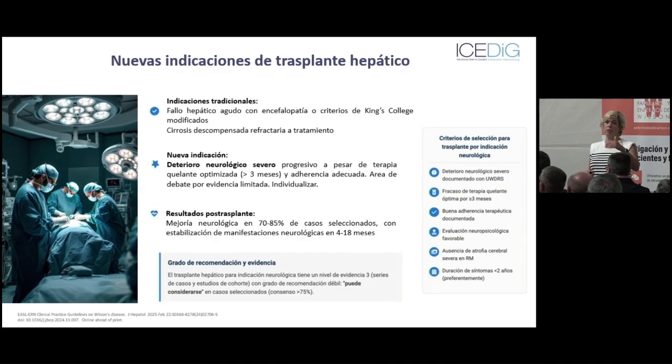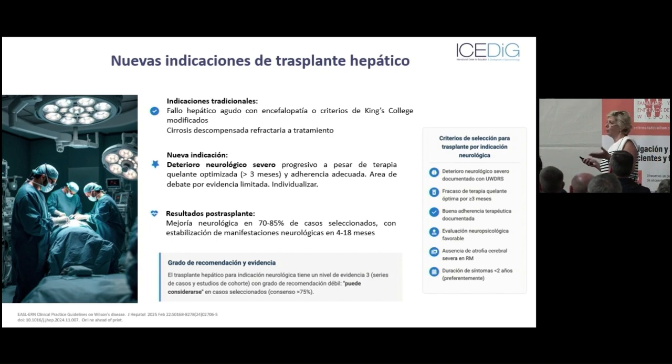In terms of liver transplantation, we have the traditional indications, acute liver failure with encephalopathy or modified King's College criteria, but we've seen that there's also a new indication: severe progressive neurological deterioration despite optimized chelation therapy, which is 3 months, with adequate adherence.